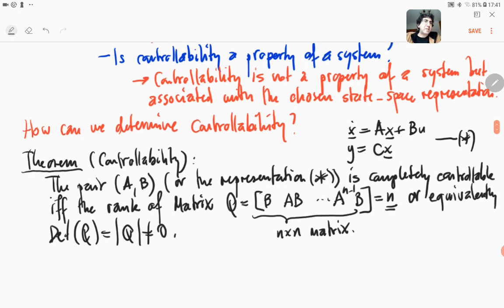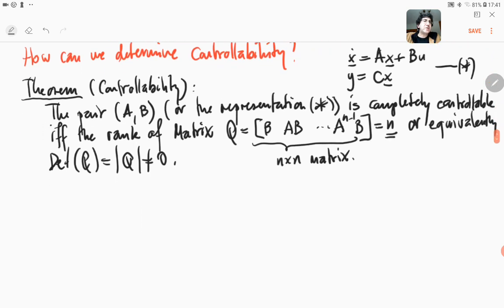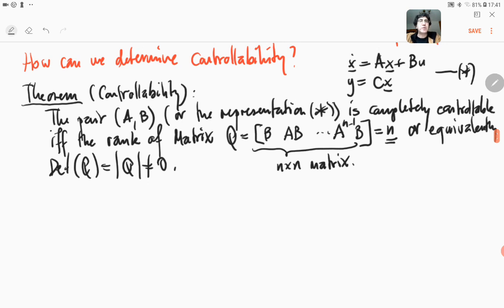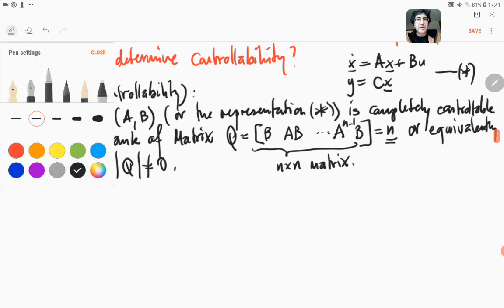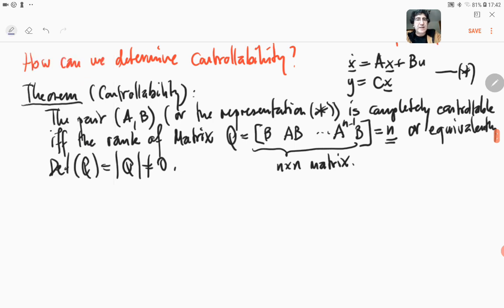Now I will go over some intuitive examples, and then later on we will use this theorem to actually show how it can be used to check for controllability. Okay, so let's take a look at an example. Let's say that we are given a second order system.